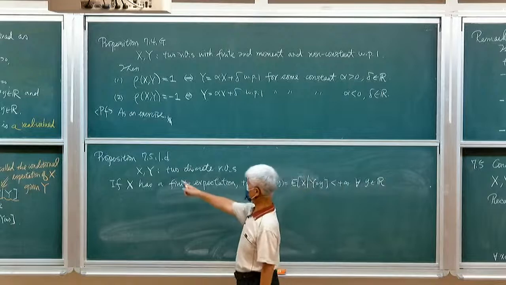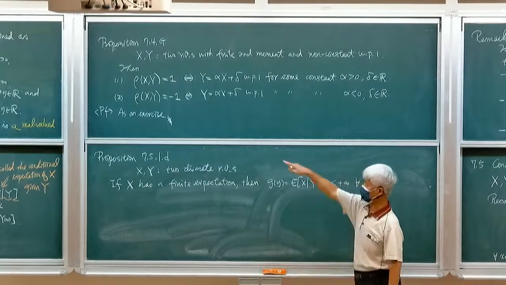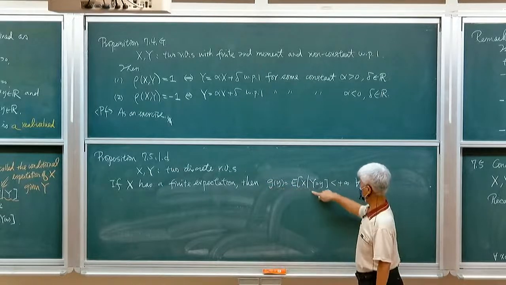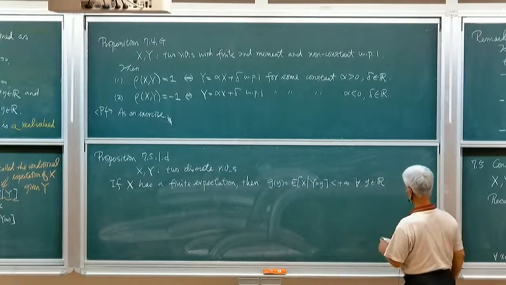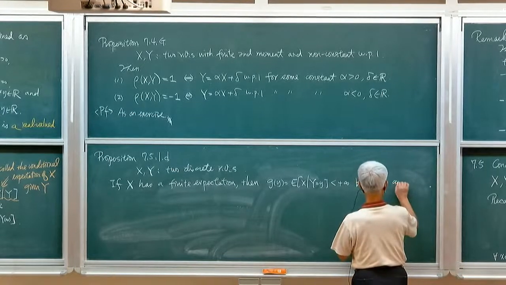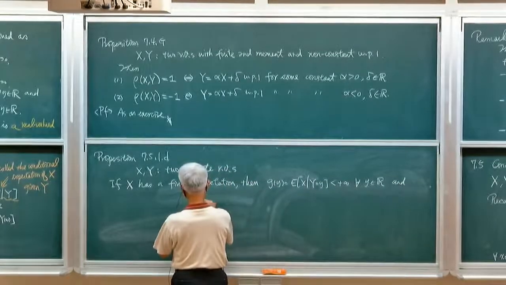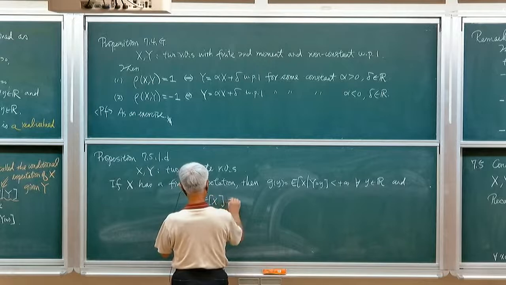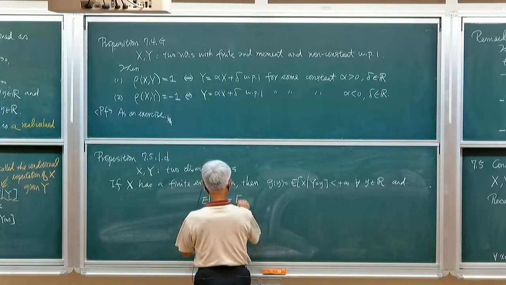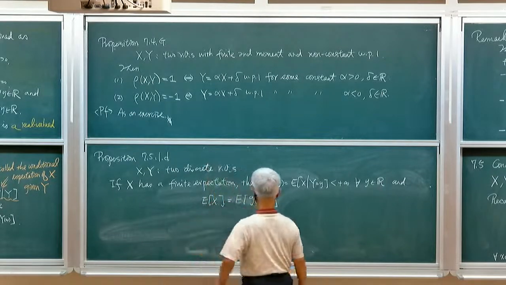But if X has a finite expectation, then by our definition, this one is finite for all y in R. And the expectation of X can be computed by the expectation of g of Y.